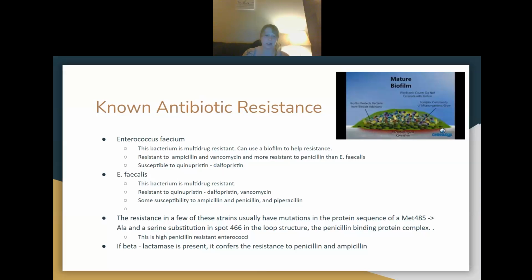Since I said penicillin, it is mostly for the microbes that are very highly penicillin resistant. Another thing that confirms whether the microbe is resistant or not is if beta-lactamase is present. This just helps us to see that it's actually really rare.